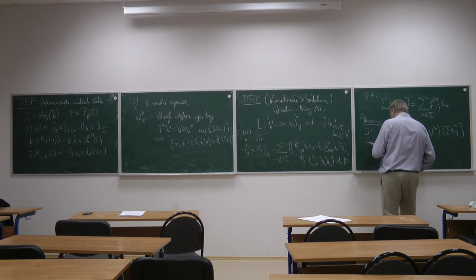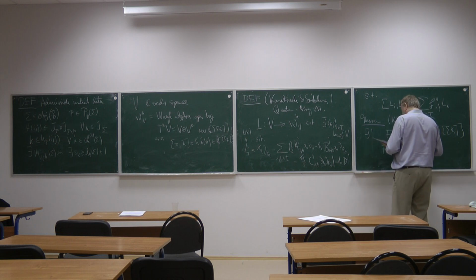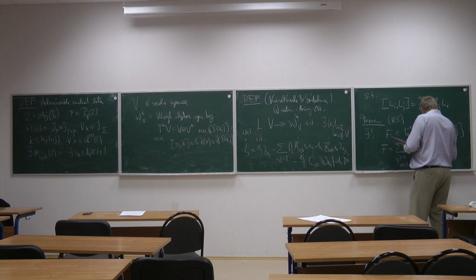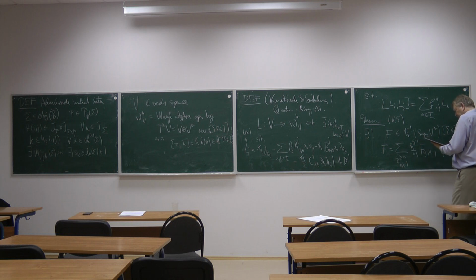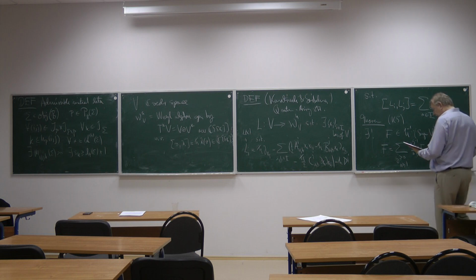and n bigger than or equal to 1. You take h bar to the g minus 1, divide by n factorial, and then you write F_{g,n}, where F_{g,n} lies in Sym^n of V star, such that, it's a pity I can't fit it in, maybe I can.